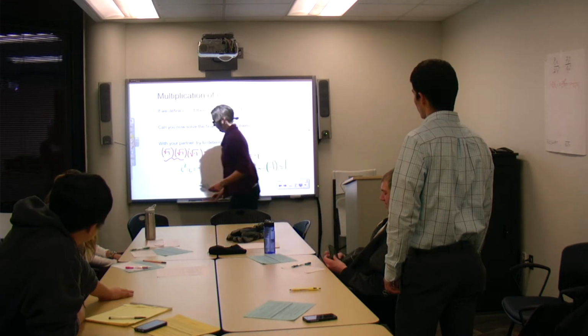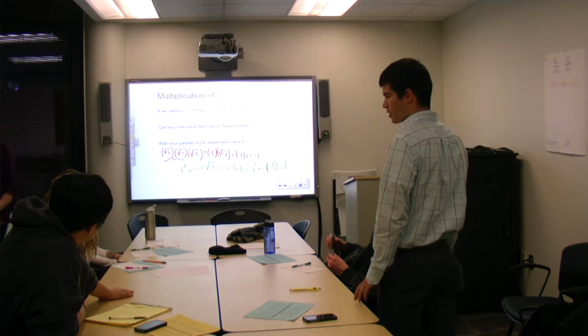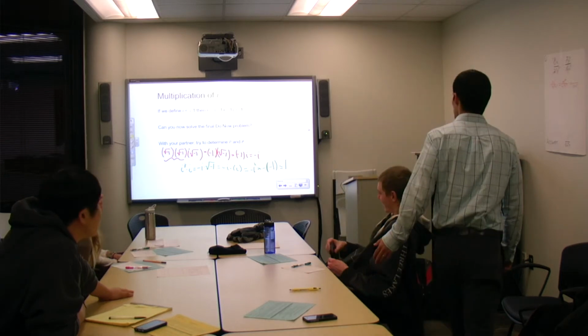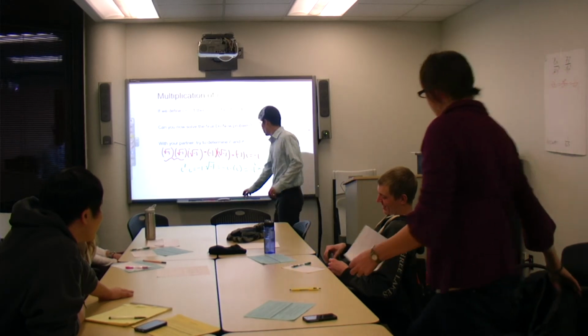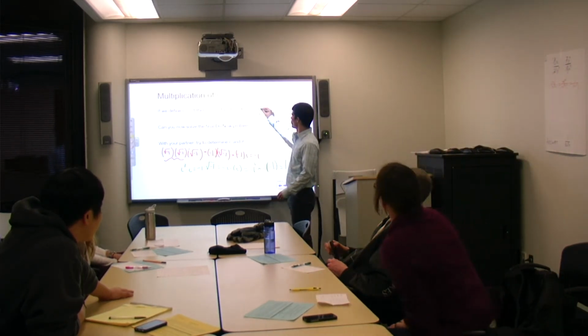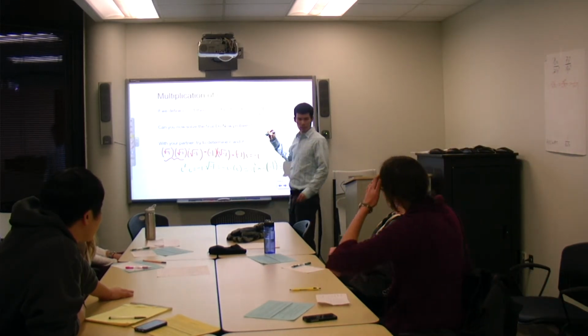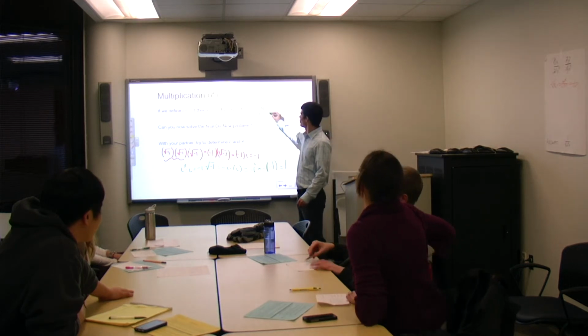Very good. Kelly and Alex, did you guys come up with the same? Dan, I noticed you did something else. You said to Bridget that we know i to the 4th power is the same as i squared times i squared.